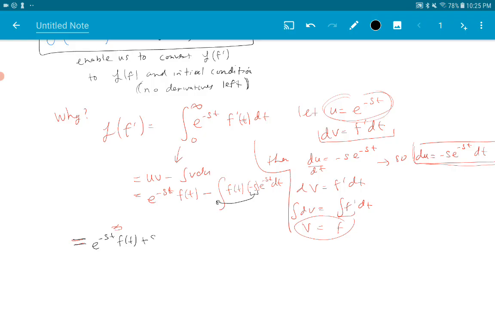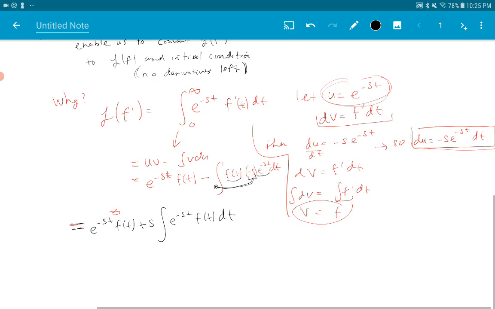It would make it a plus s times the integral of e to the negative st f of t dt. Because if I pull that negative s out, the only thing left is e to the negative st times f of t. That's this right here. Okay, so hopefully you notice a couple things. Remember, our integral is from 0 to infinity, and I also have to take this from 0 to infinity also.